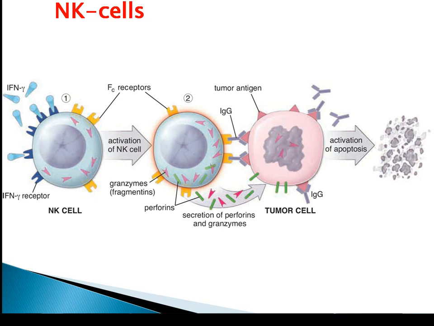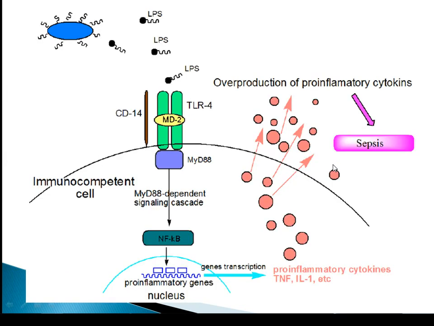When this binds, the NK cell is activated and produces perforins and granzymes that form pores on the membrane of the target cell, and by that way the NK cell kills this tumor cell and activates apoptosis.